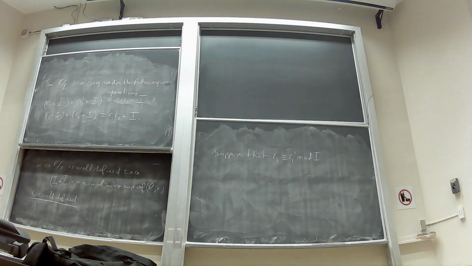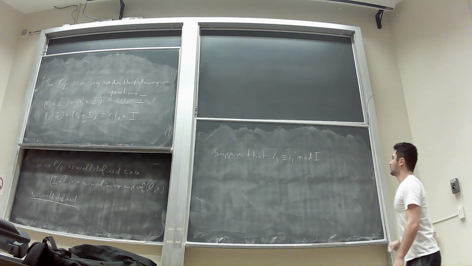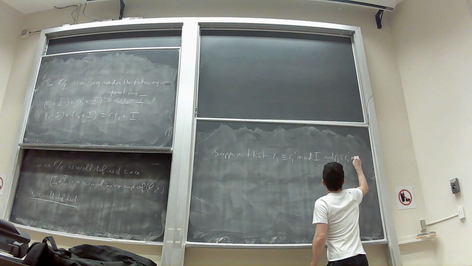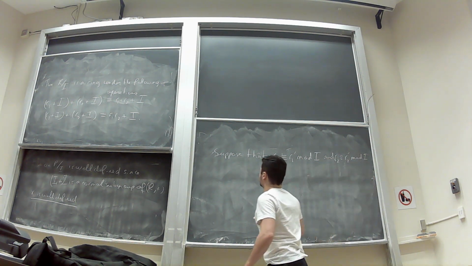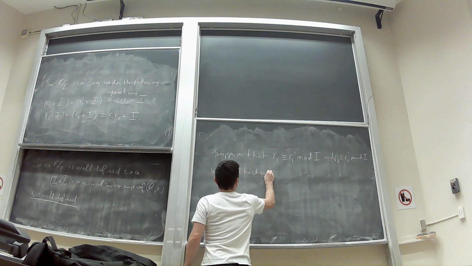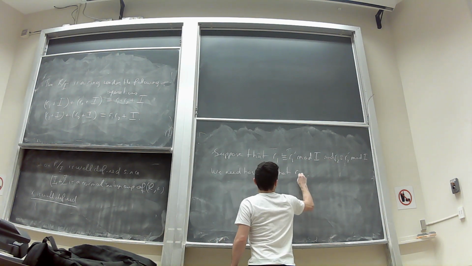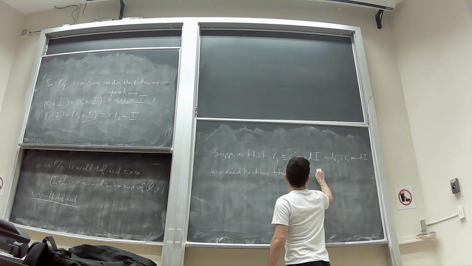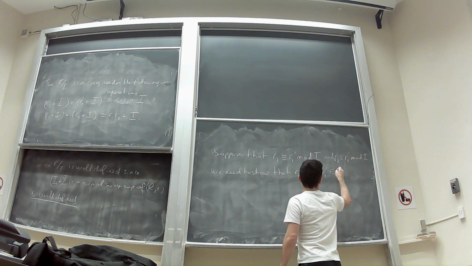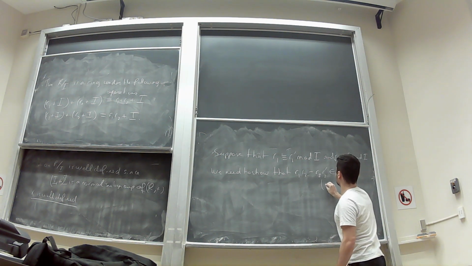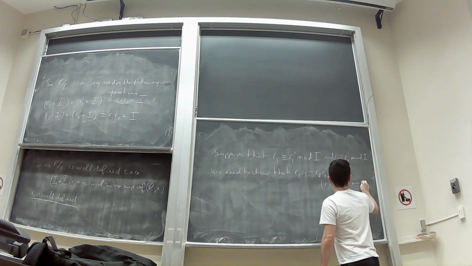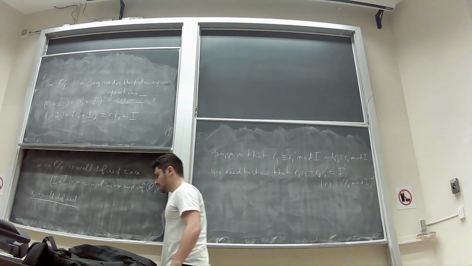It means that the difference belongs to I. And R2 is congruent to R2 prime mod I. We need to show that R1 R2 minus R1 prime R2 prime belongs to I, or that R1 R2 is congruent to R1 prime R2 prime mod I. Let's do this.